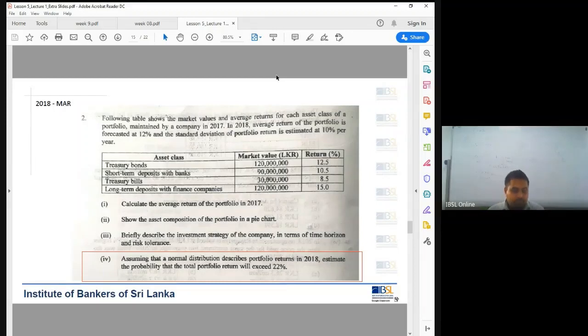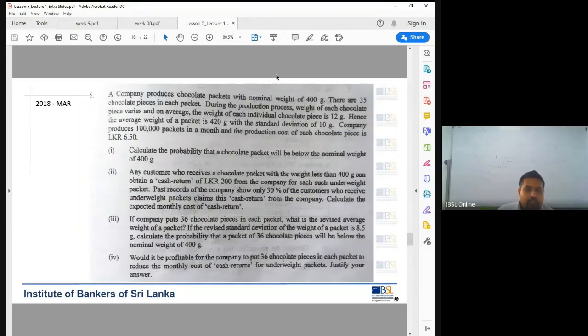Okay. Read this question. This is the question, 2018 March, question number 5. A company produces chocolate packets with a nominal weight of 400 grams. There are 35 chocolate pieces in each packet. That seems to be distracting information.